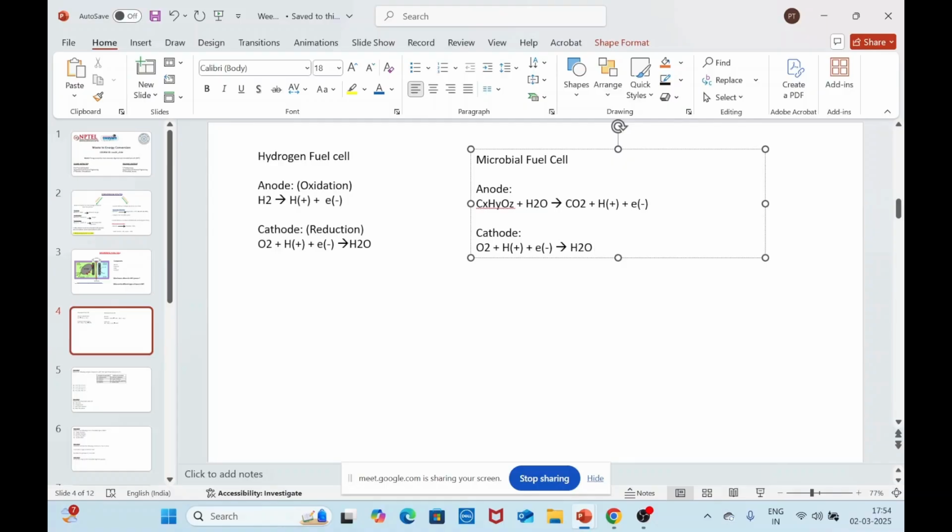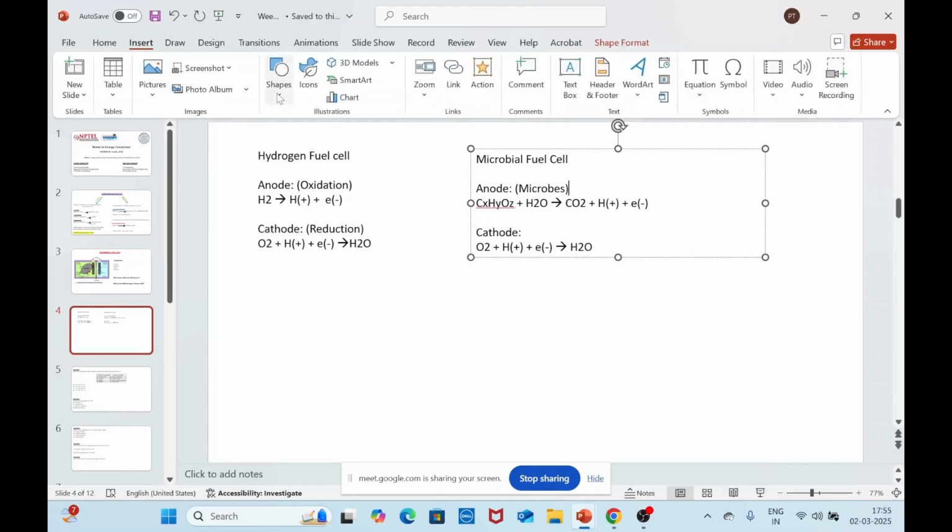So this is the microbial fuel cell, and in case of this anode, you will have some sort of microbes which will be used as a catalyst, or which will act upon this organic matter, generating carbon dioxide as well as electrons. So in the case of the fuel cell, two things you're going to get from this process.